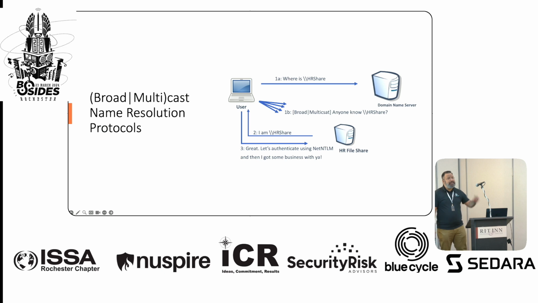There are even ways, if the client's workstation supports NetNTLM v1, I can enforce that too. So, broadcast multicast: I'm asking everyone in the network, do you know where this file share is? And the first one to respond, I do NetNTLM authentication.